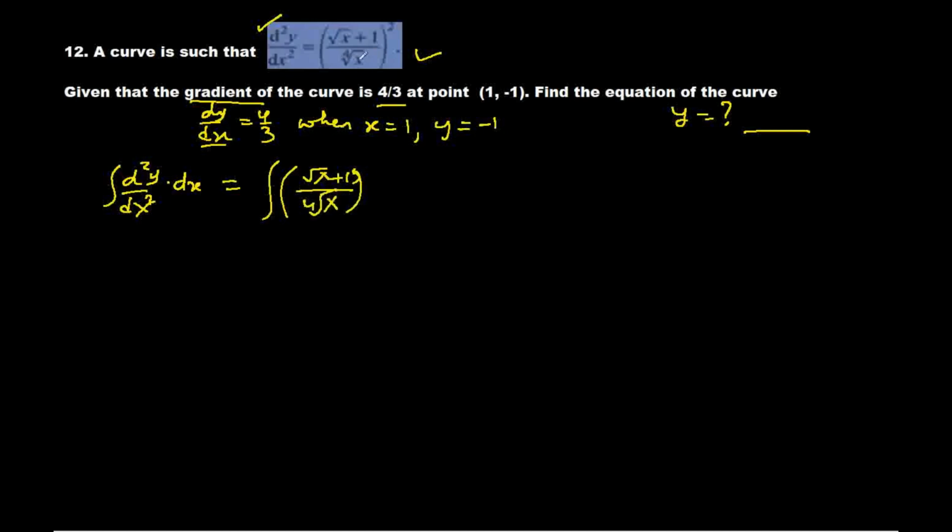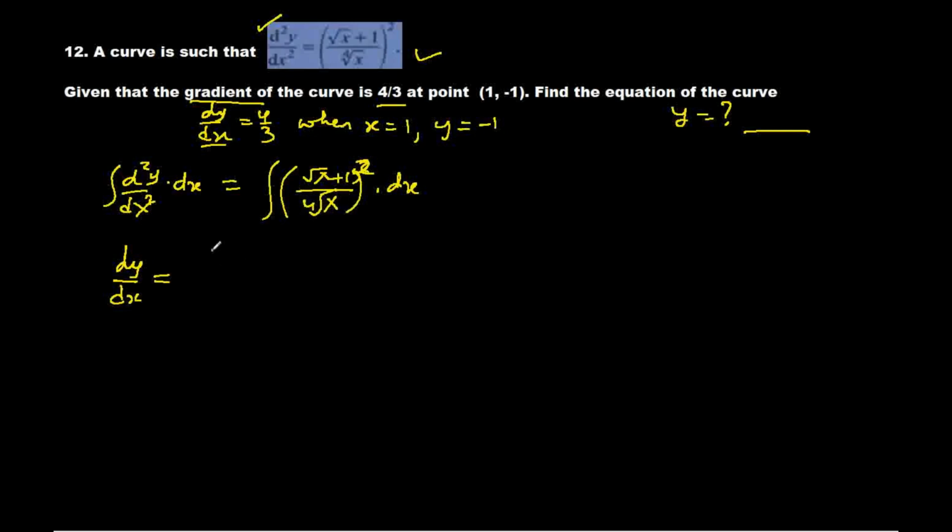It is not 4 square root x, okay? It is fourth root of x, square, dx. Okay, so the integration of second derivative is the first derivative, which is dy over dx, will be equal to the integration of this. This looks complicated, but if you look very carefully, this square will cancel out this fourth root to some extent and it will make our job easier.